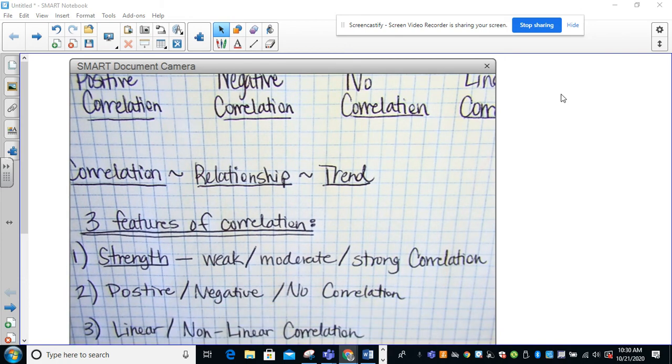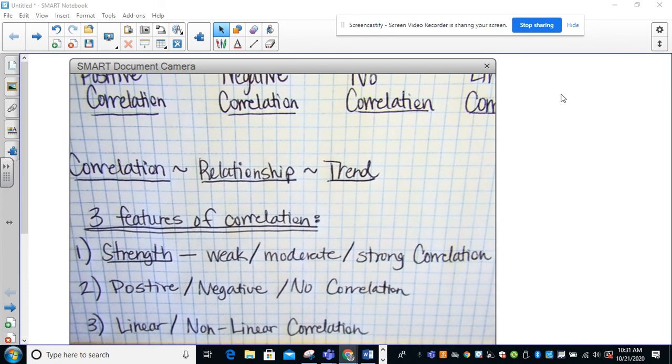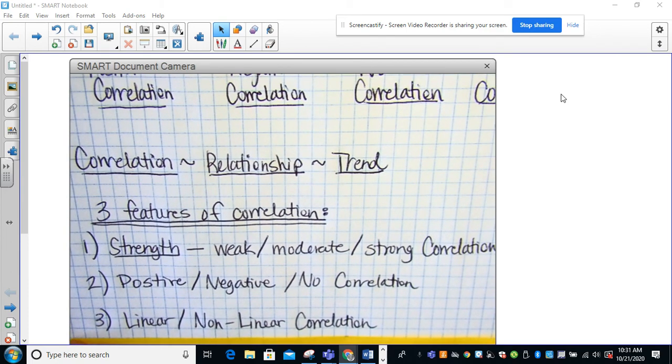And then finally, the last one is linear or nonlinear correlation. That means they're in a line or they're not in a line. They might be curved or got a bend or a fold in it or something. Linear or nonlinear. So those are your three different types of features for correlations. Strength, weak, moderate, or strong. Positive, negative, or no correlation. Linear or nonlinear.